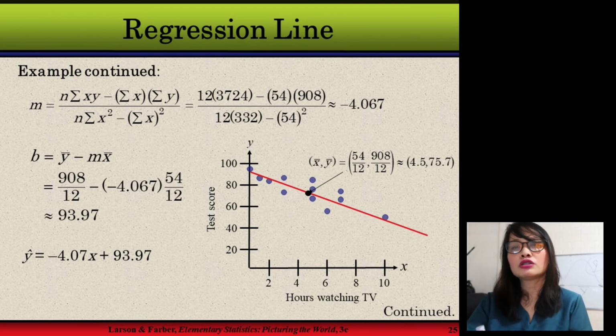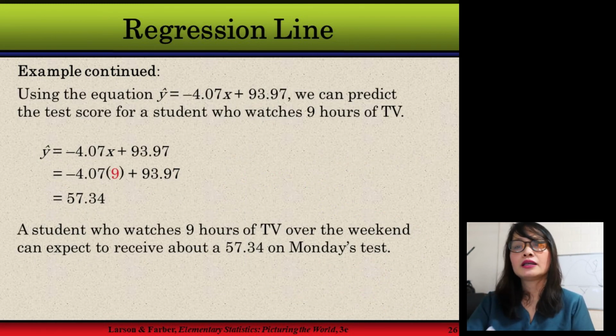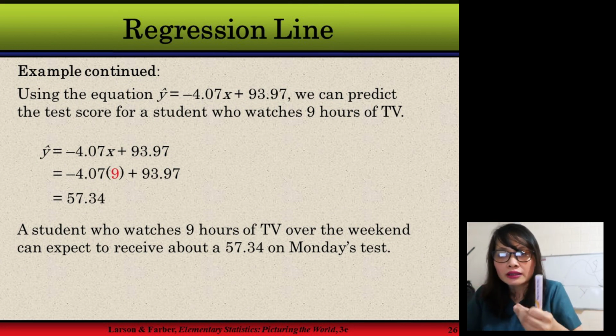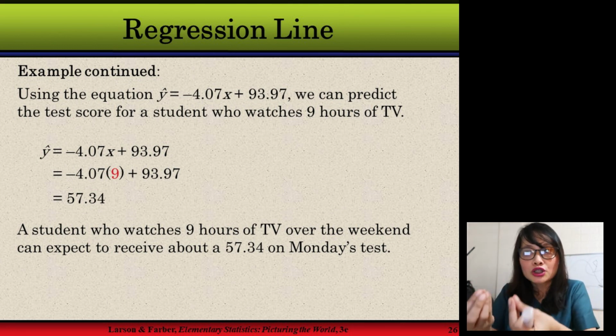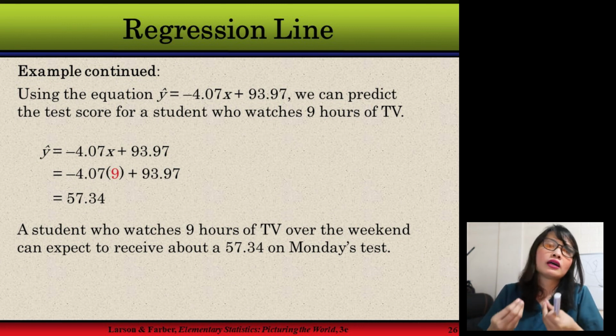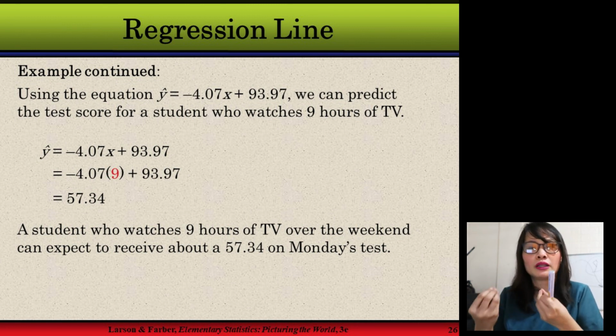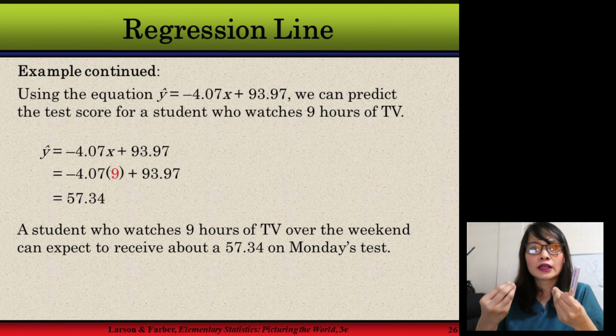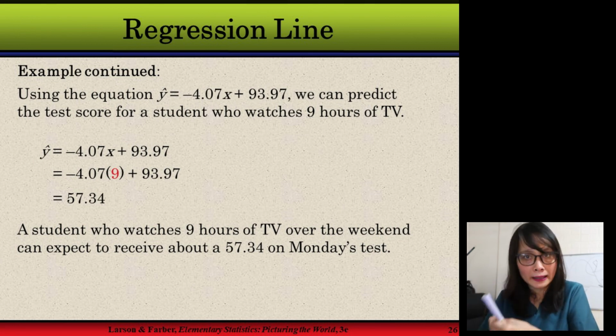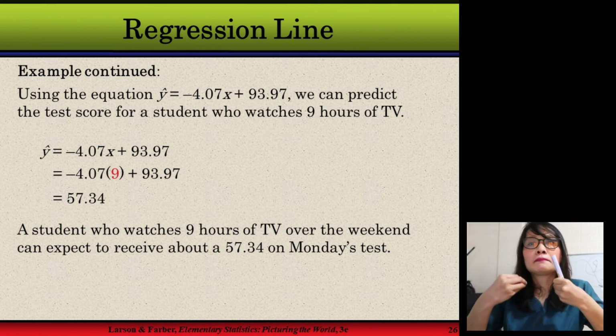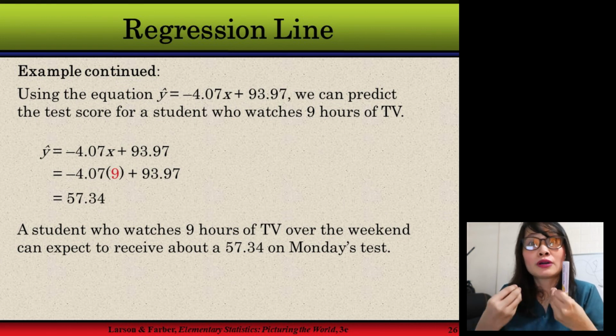So the equation of the regression line is the predicted value equal to negative 4.07x plus 93.97. What's the use of determining the equation of the regression line? We need to determine the equation so that we can determine the predicted value. What do you mean by that?